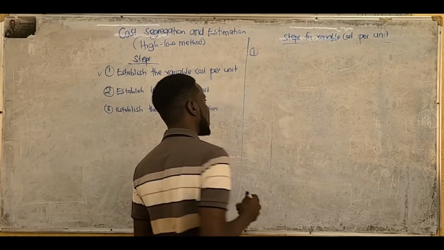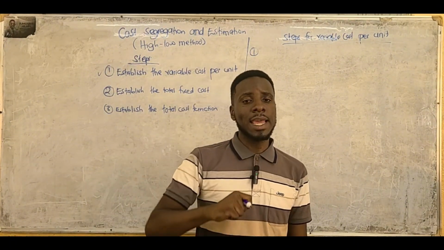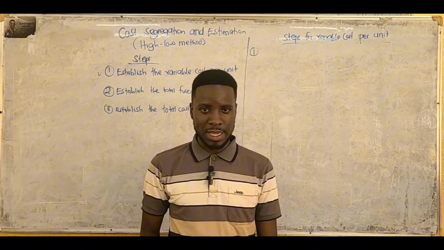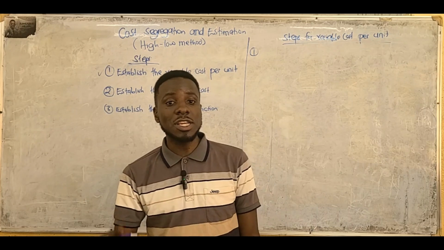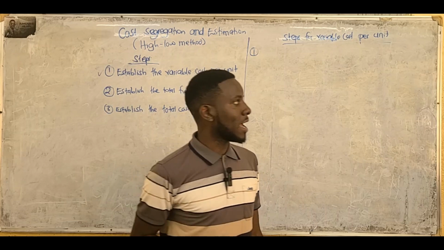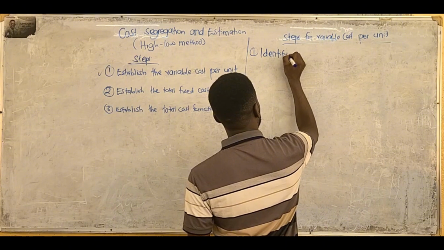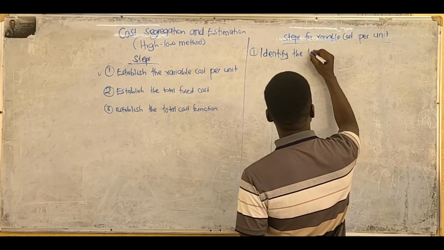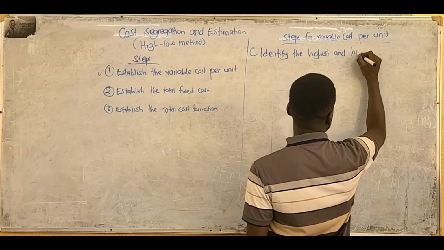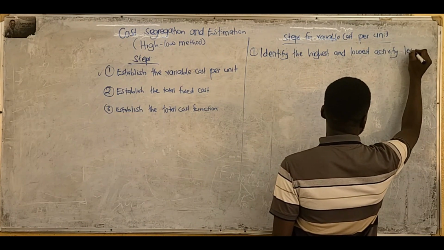Remember I told you that they're going to give you the output levels, and these output levels are going to be associated with certain costs. That means there will be corresponding costs tagged onto these output levels. Now, the very first thing is identify the highest and lowest activity levels.